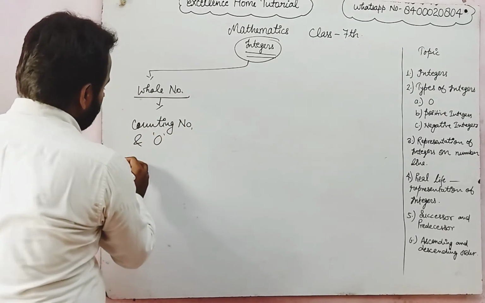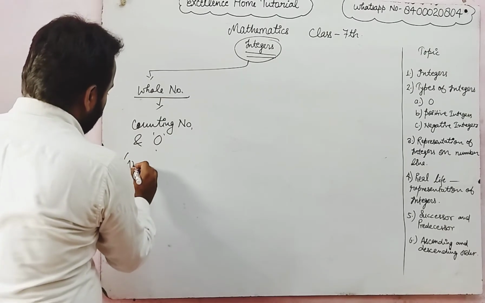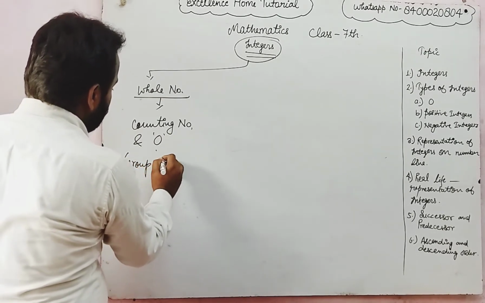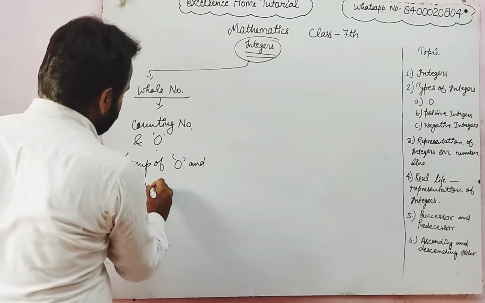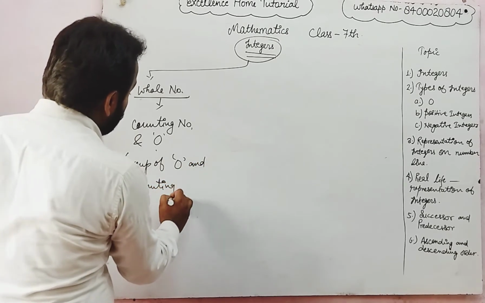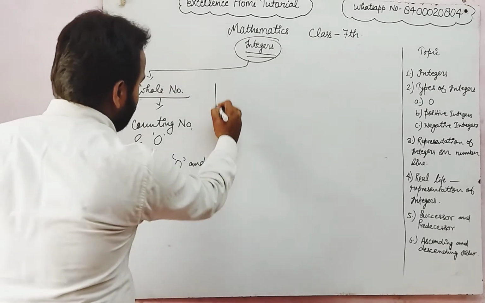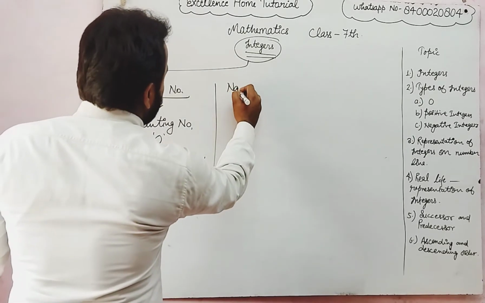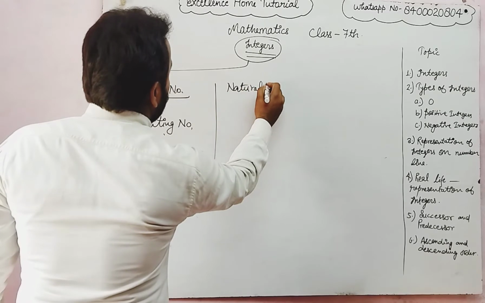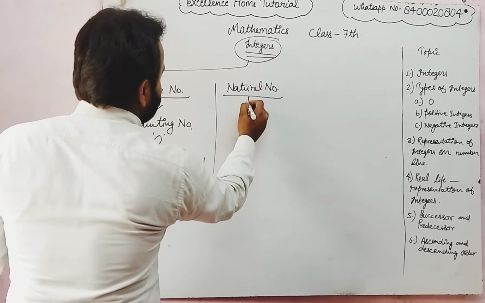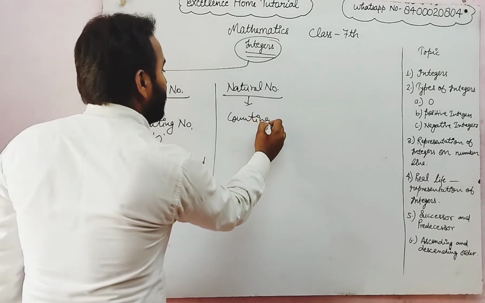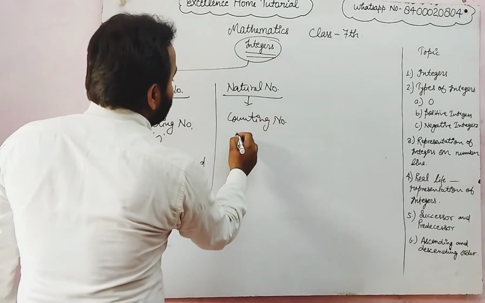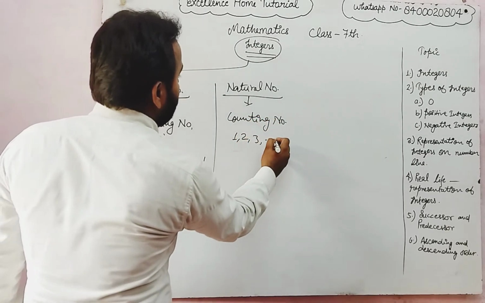That means the group of 0 and counting numbers is called whole numbers. After that, natural numbers: counting numbers are called natural numbers, that is 1, 2, 3 and so on.